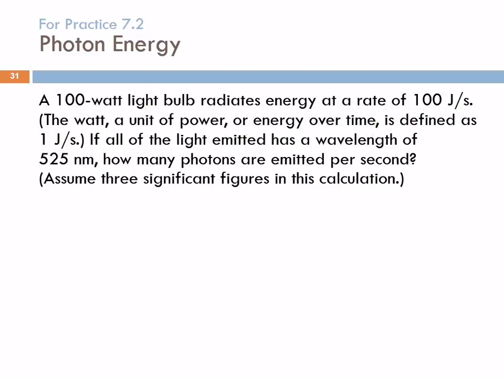Okay, well, let's write this down. Writing stuff down is a good idea. 100 joules per second. The light being emitted has a wavelength. Oh, we know what that is. Lambda equals 525 nanometers. How many photons are emitted per second?